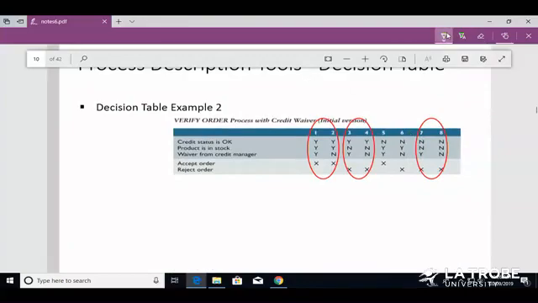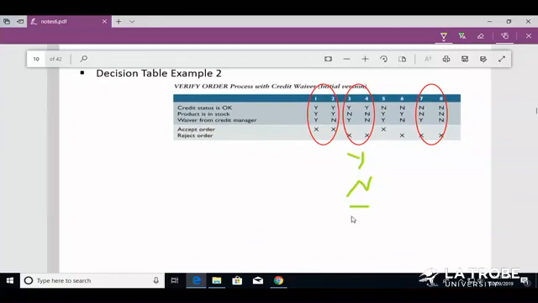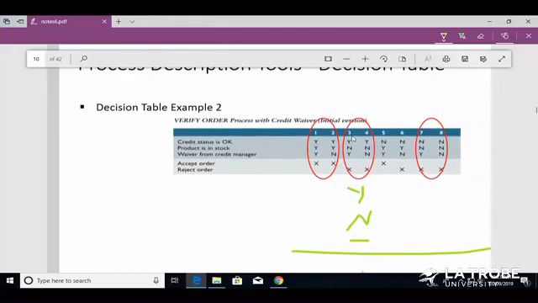Okay, so what is the output of this one after the combination? So the output will be y, n, dash, right? And the output is X. Am I right? So they are the same. The first condition, yes. The second condition, no. Regardless of the third condition, we replace it with a dash.